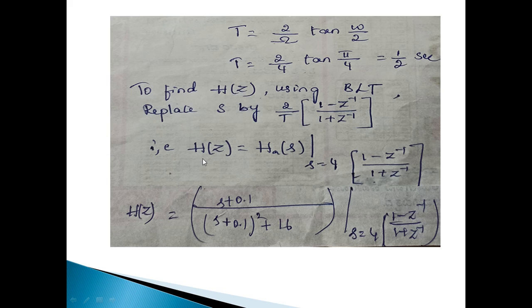We know HA of s, so it must be replaced with s equal to 2 by T, and since T is 1 by 2, it becomes 4 into (1 minus z inverse) divided by (1 plus z inverse). So H of z is obtained by substituting s plus 0.1 divided by (s plus 0.1) whole square plus 16, with s replaced by 4 into (1 minus z inverse) divided by (1 plus z inverse).